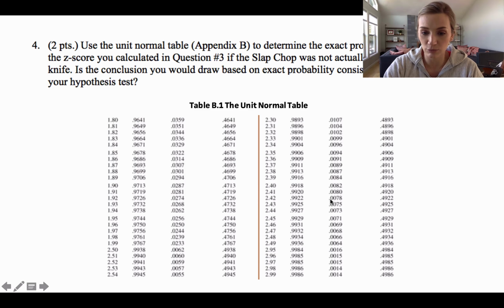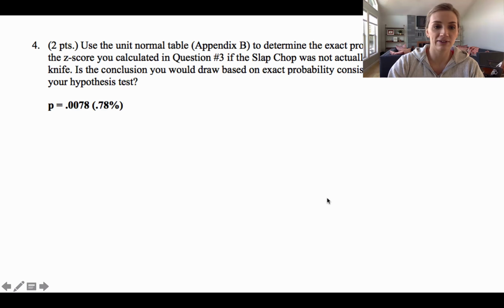So if we move that decimal over 2 spots, there is 78% of 1% of a chance, or 78 hundredths of 1% of a chance of getting these results by dumb luck alone. In other words, less than 1% of the time will you get results this extreme by dumb luck alone. That is really infrequent. That is a really extreme z-score that is unlikely to have been obtained by chance. So this is what we're going to report in the answer, 0.0078.